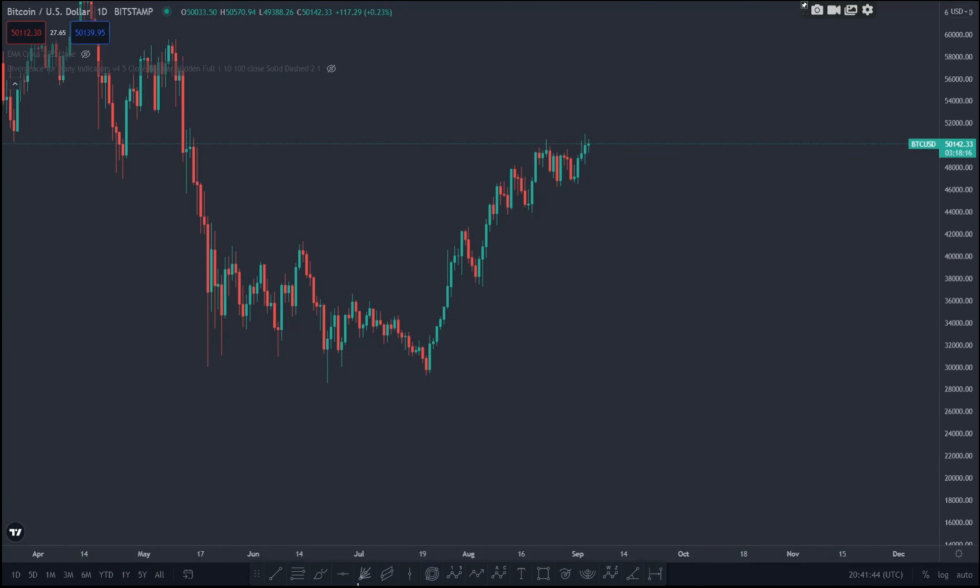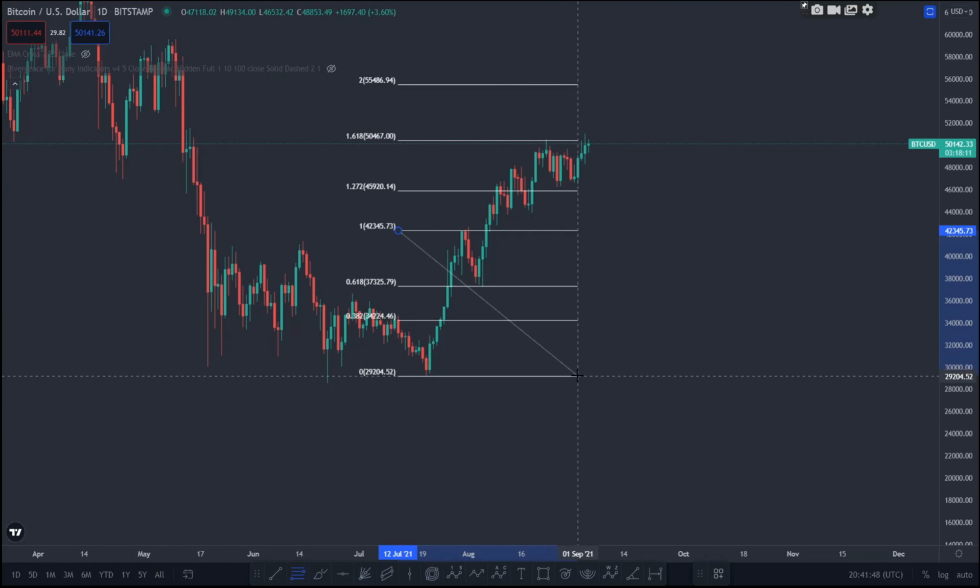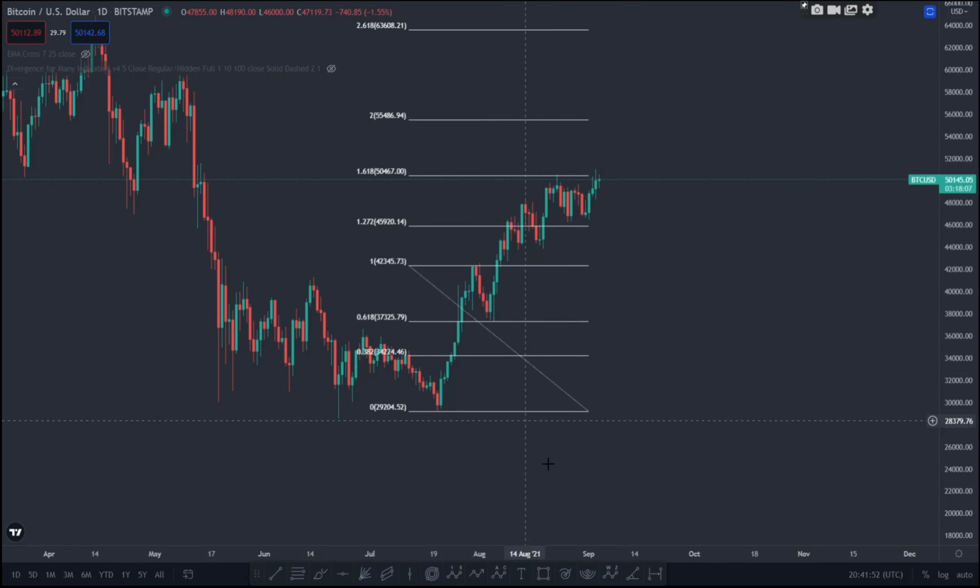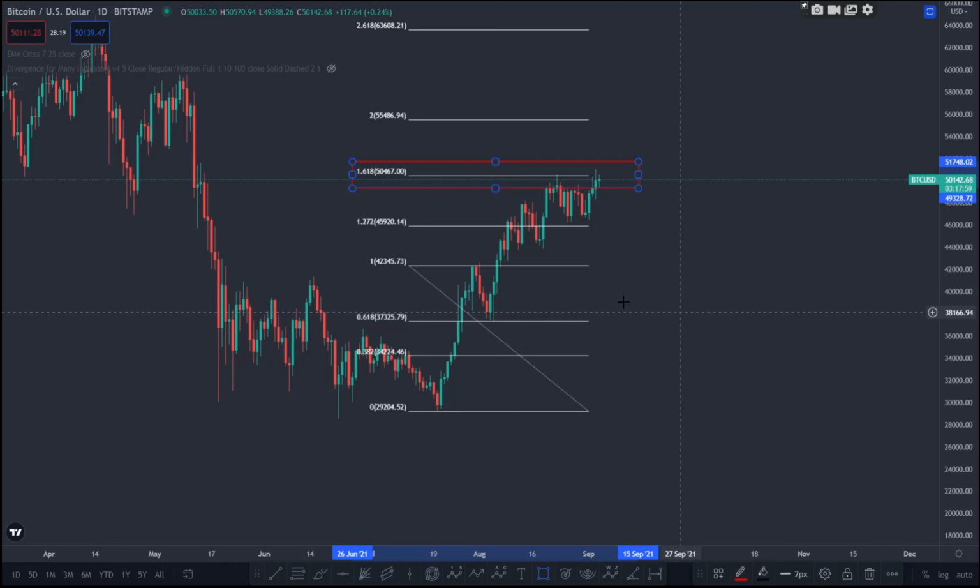If you know, or if you think to know, that this was the first impulse wave, which started here, see the golden ratio, then the price will end typically, I'll keep saying it, typically at this level. And what do we see?